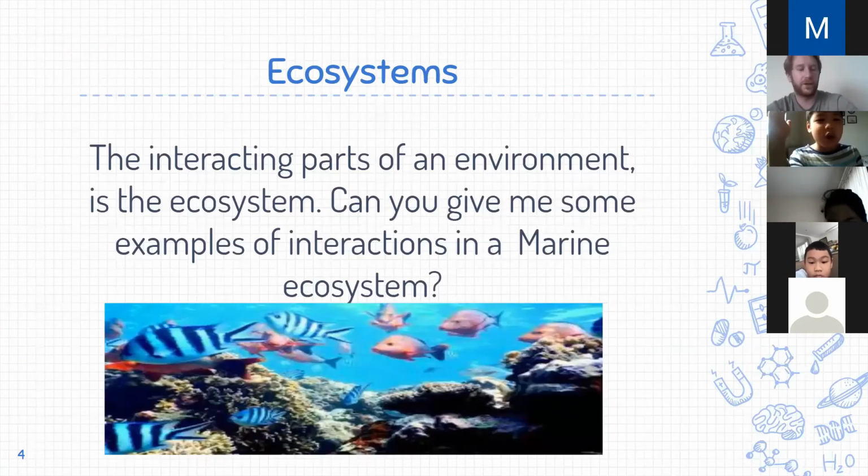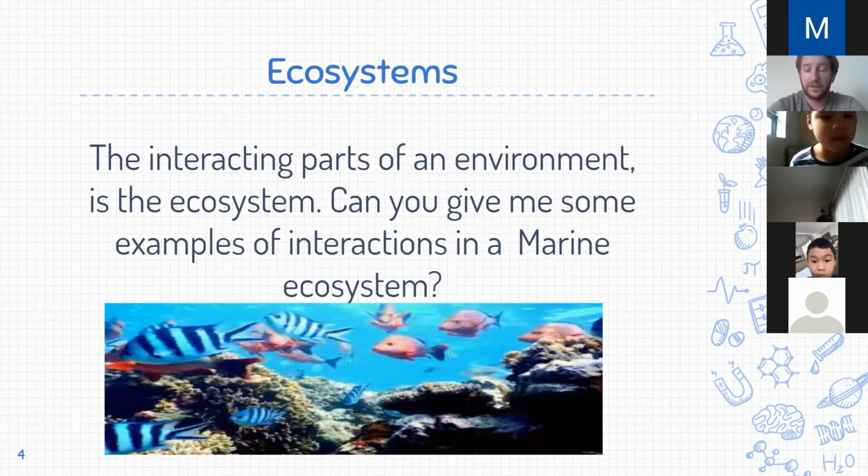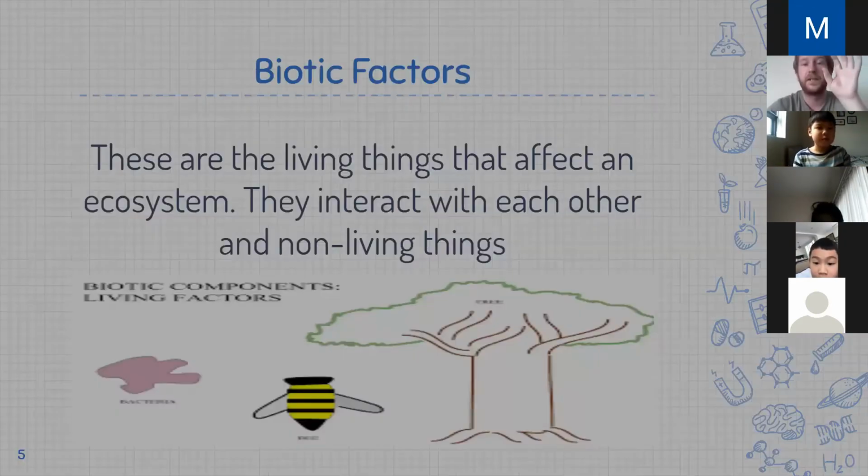Just to go over again before we do something new, an ecosystem, these are the interacting parts of an environment. They are the things that work together. We spoke yesterday that the fish will use the rocks to hide from sharks, that we see the fish swimming in the water, that we see coral growing on rocks. These are all ways in which a biotic factor is influenced and affected by an abiotic factor, and they are vital.